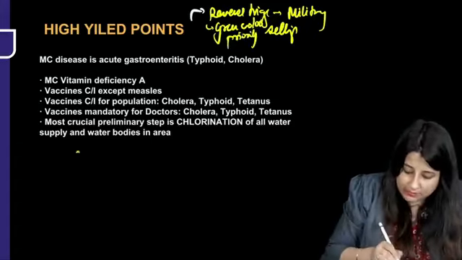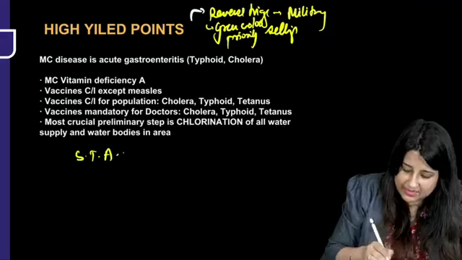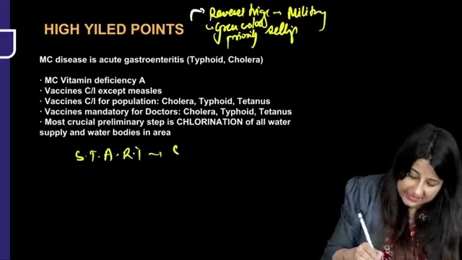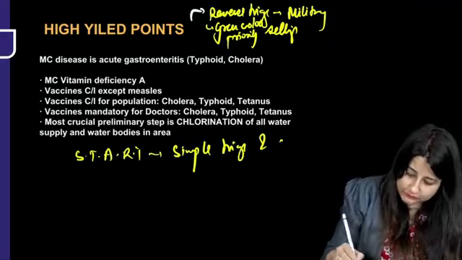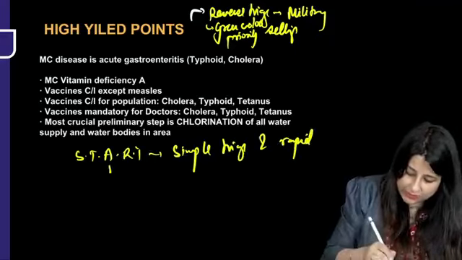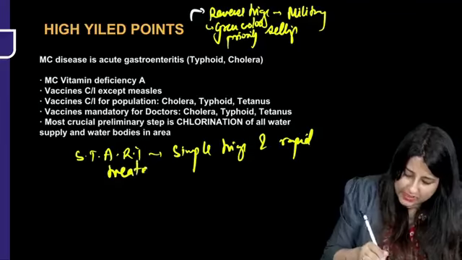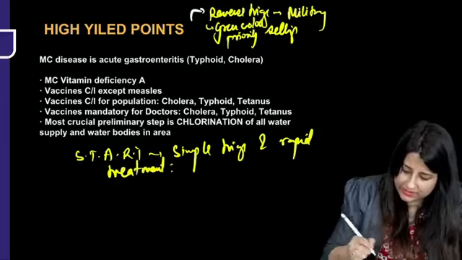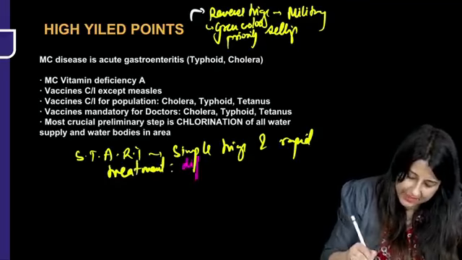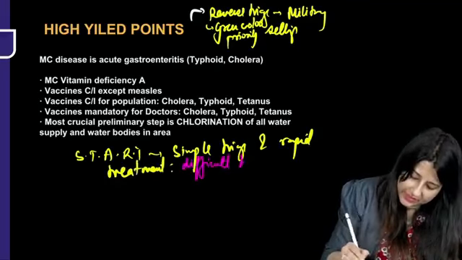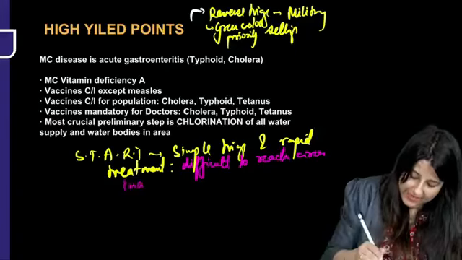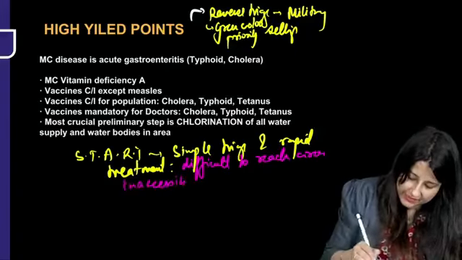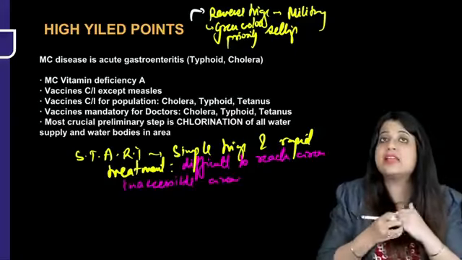And there is also one more thing, START. What is START? This is nothing but simple triage and rapid treatment. Where is this adopted? In difficult to reach areas, or inaccessible areas.